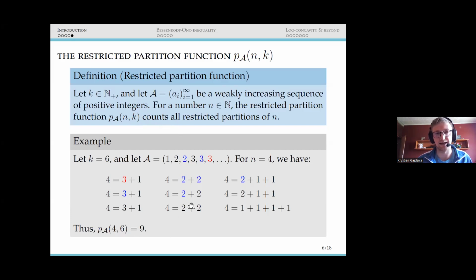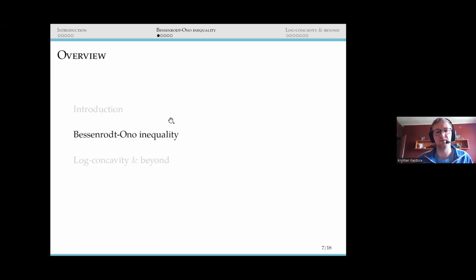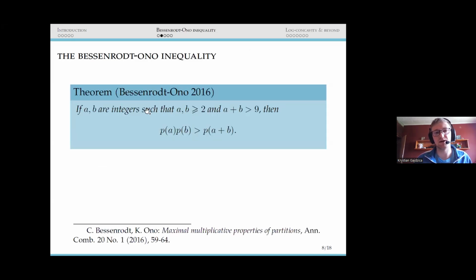Great. So let us go to the first inequality related to my talk. It is the so-called Bessenrodt-Ono inequality. Namely, in 2016, Bessenrodt and Ono showed that the classical partition function satisfies the following inequality for all positive integers a and b under these conditions.